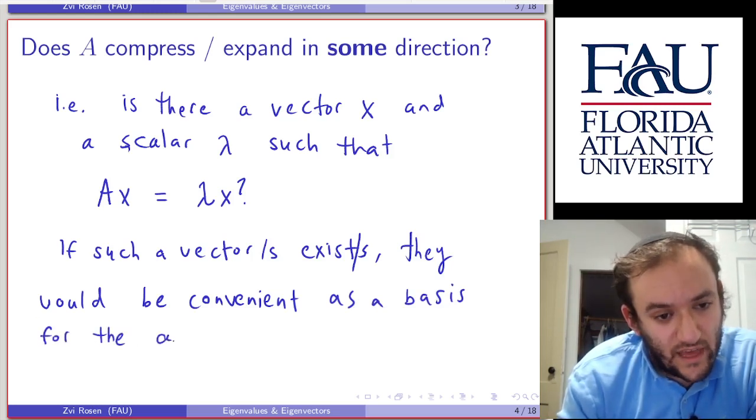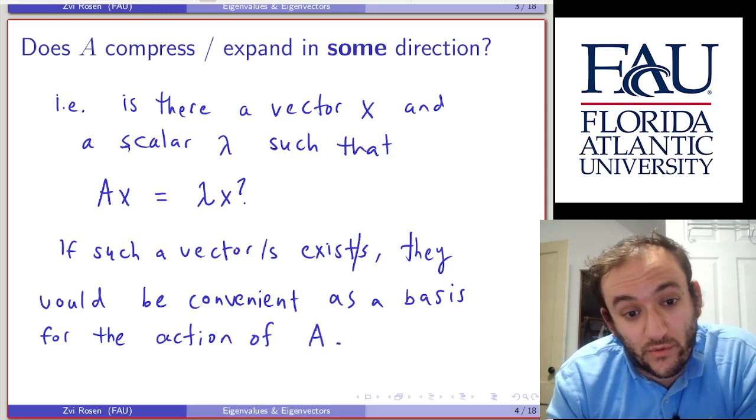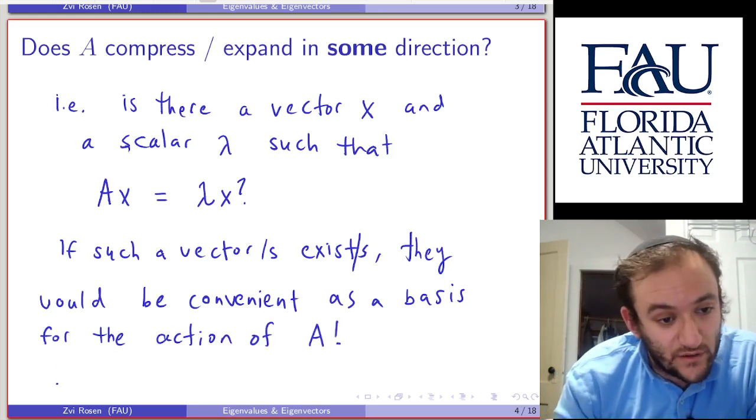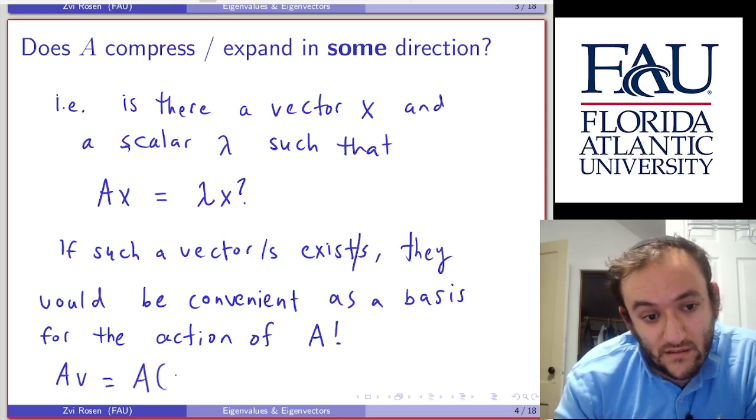For the action of A. Because all you would have to do to understand what A does to any vector, so Av, would be equal to a1 A e1 plus, etc., up to an A en.